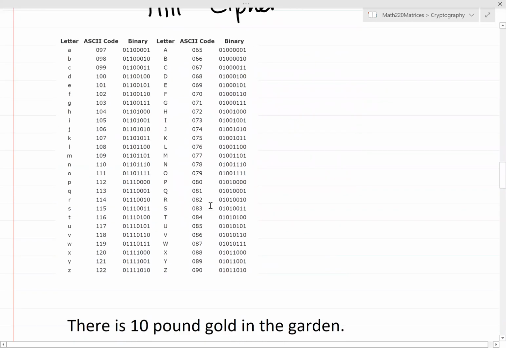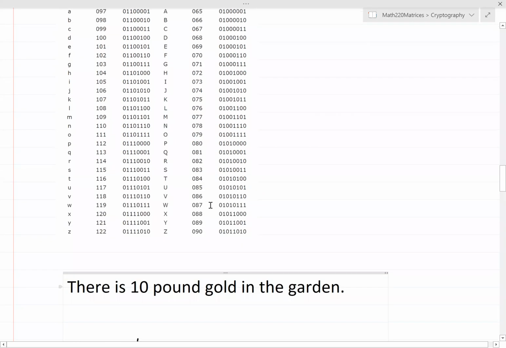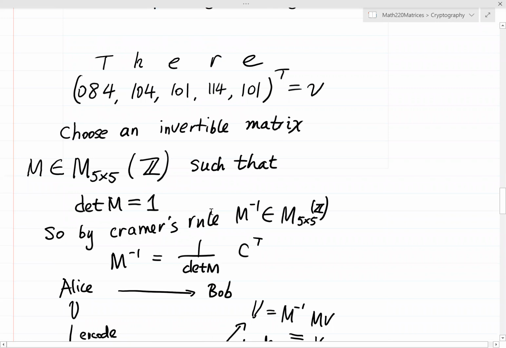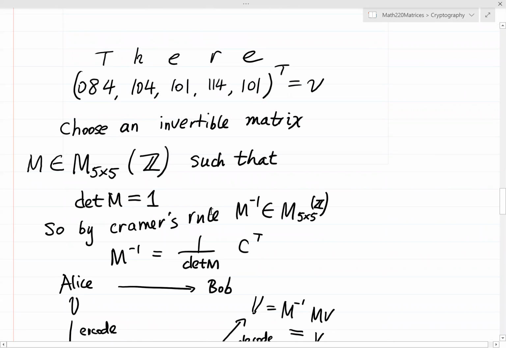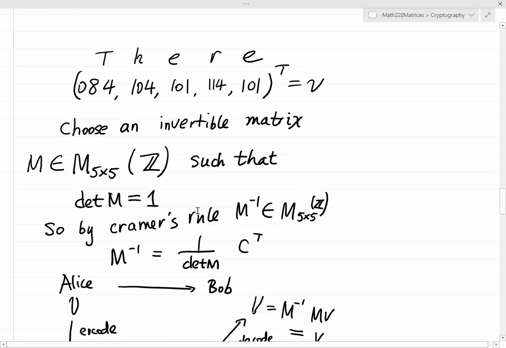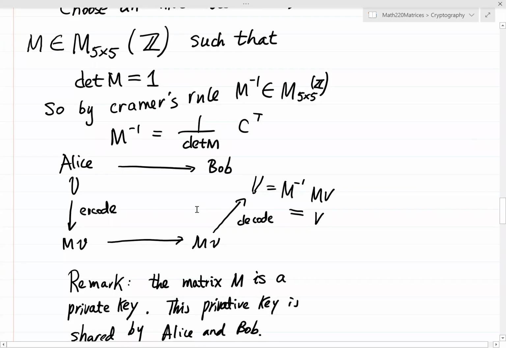The Hill cipher uses a matrix, a certain integer matrix. If you have a message, a string of text, we encode it as a bunch of numbers, so that we get a vector. If Alice wants to communicate with Bob, Alice and Bob share a matrix and its inverse.